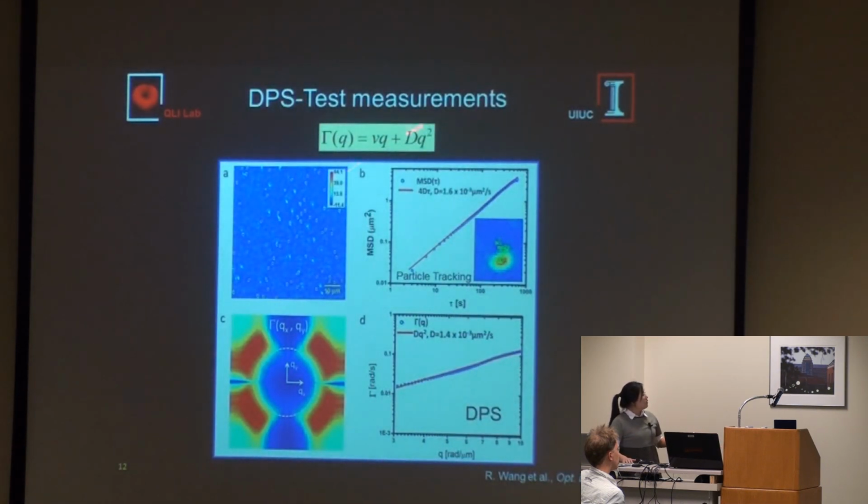So we use particle beads to test DPS as a proof of principle. Here we can track hundreds of particles and calculate the mean square displacement to get the diffusion coefficient. And here we apply our method, DPS, and this is a log-scale plot of the dispersion curve, gamma versus q, which is quadratic, and by fitting we got a diffusion coefficient that agrees quite well with this gold standard.